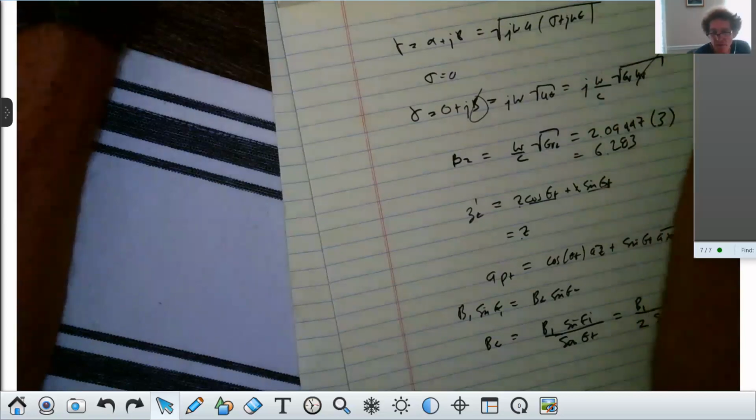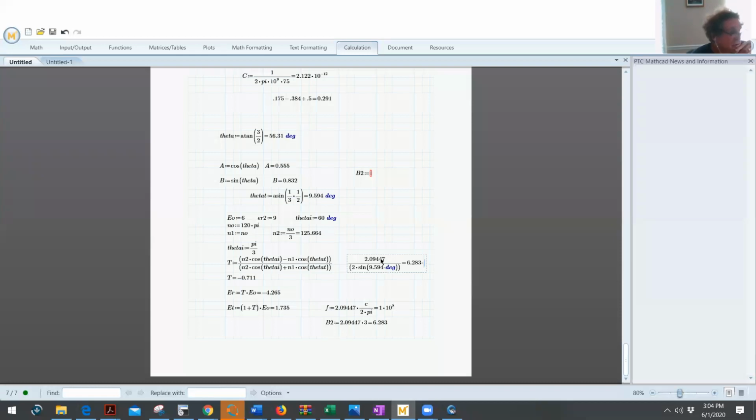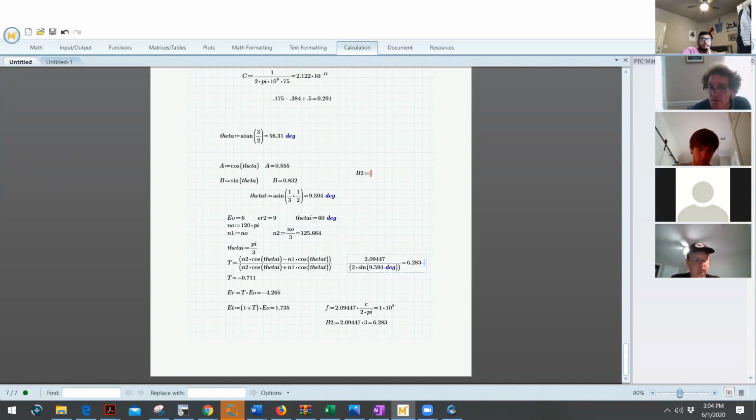That's exactly the same thing. It has to be. See right here? Beta 2 sine of 9.594 degrees, 6.283. They're the same. You may have been in radians or something. You have to make sure the argument of sine is either degrees or radians, but it has to be right. Okay, everyone? That's going to be the same.